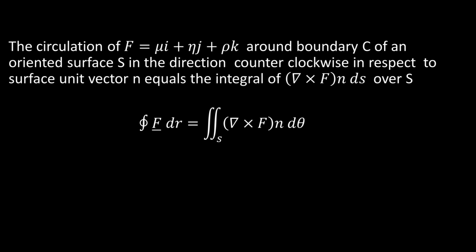So if the circulation of the vector f around C of any oriented surface S is counterclockwise, which is key to note, with respect to the surface unit vector n, then it equals the integral of the curl of f dot n dS over S, which is what we are talking about here.